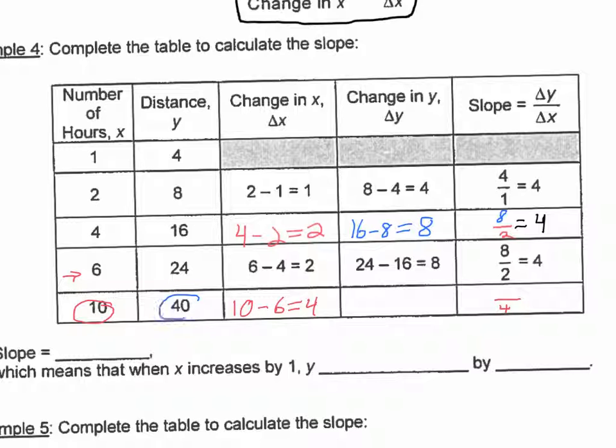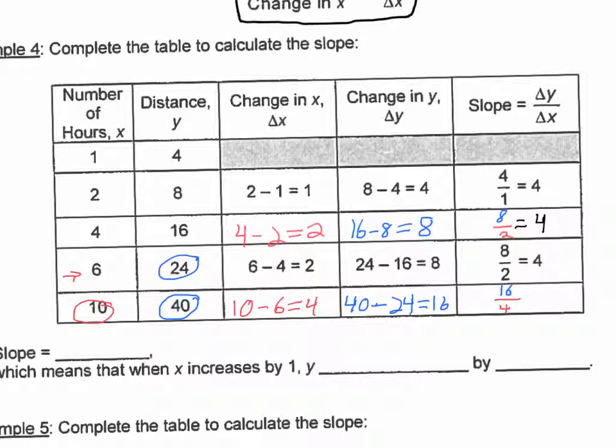We start with this row's y, which is 40, and we're going to subtract the y value from right above it, which is 24. 40 minus 24 gives us 16.